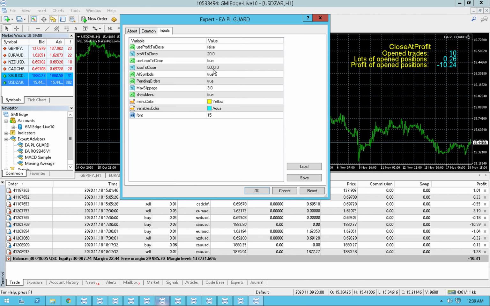So in any situation, once it reaches 50 US dollars, here I set it as 5,000 because it's a cent account, so 5,000 cents, all the open trades will be closed automatically. So the maximum risk that I will have on my account is $50 every time it goes to a high floating loss.